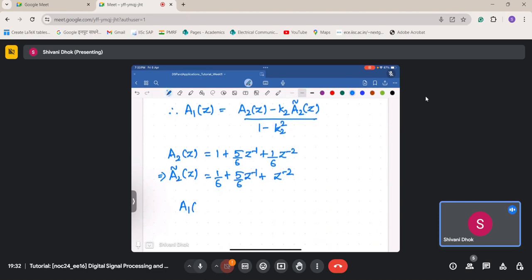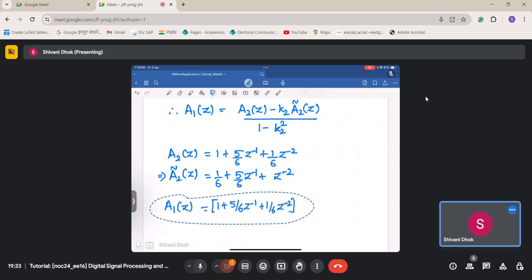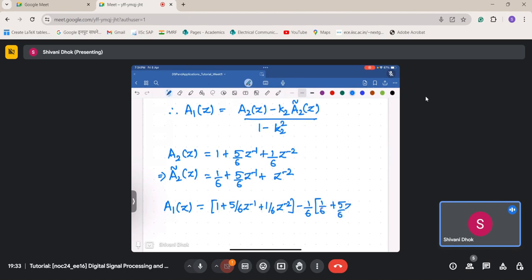So A1 of z will be equal to A2 of z, which is 1 plus 5 by 6 z inverse plus 1 by 6 z to the power minus 2, minus 1 by 6 into 1 by 6 plus 5 by 6 z inverse plus z to the power minus 2, divided by 1 minus 1 by 6 square.